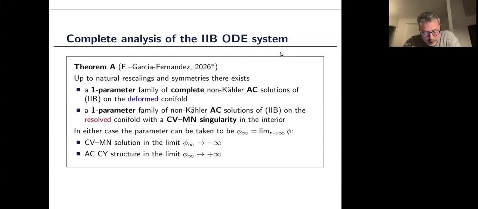So what is it that we find? Up to natural rescaling and discrete symmetries, there are two one-parameter families of interesting solutions of this system. If I work on the deformed conifold, then there is a one-parameter family of perfectly smooth, complete, non-Kähler solutions of this 2B system that are asymptotically conical.